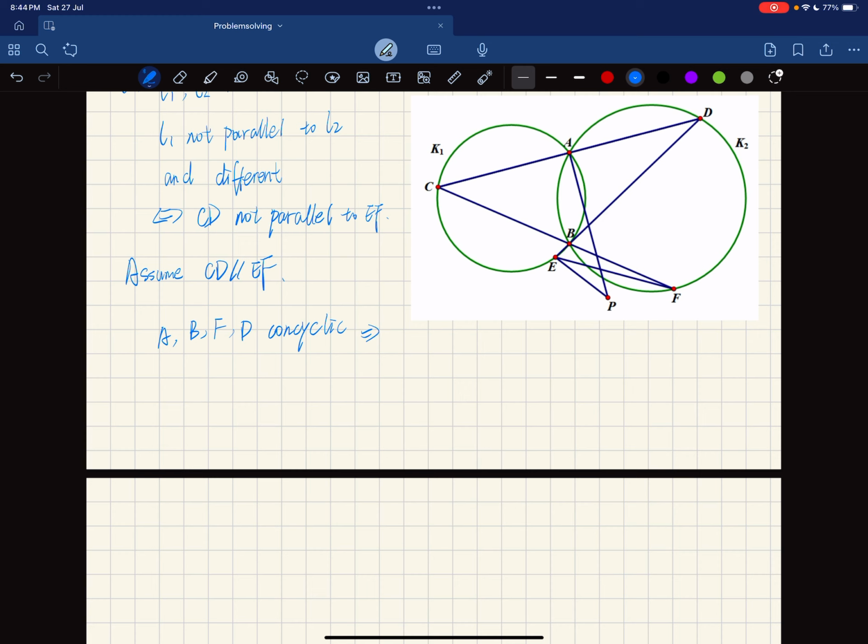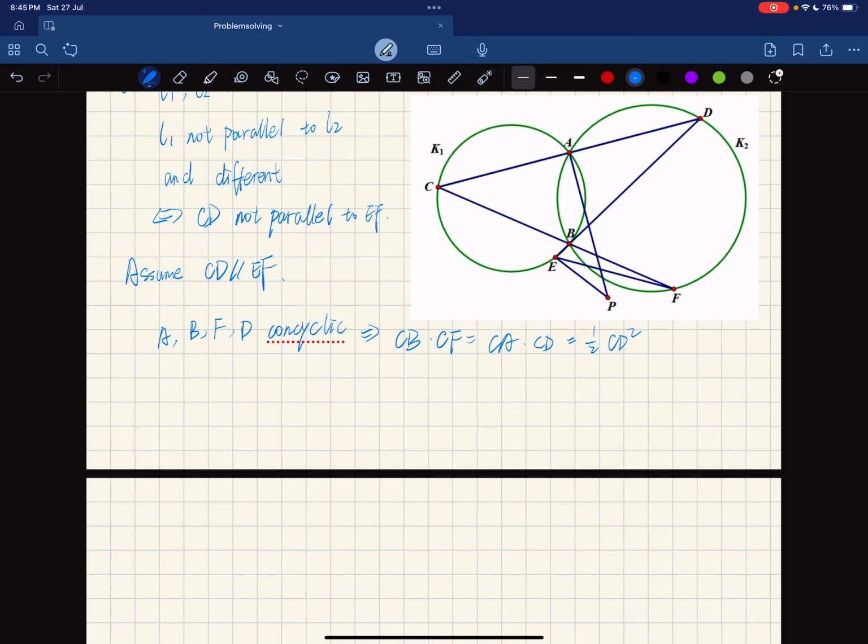What can we get? We can have CB times CF equals CA times CD, which equals half of CD squared, right? Because CA equals half of the length of CD.